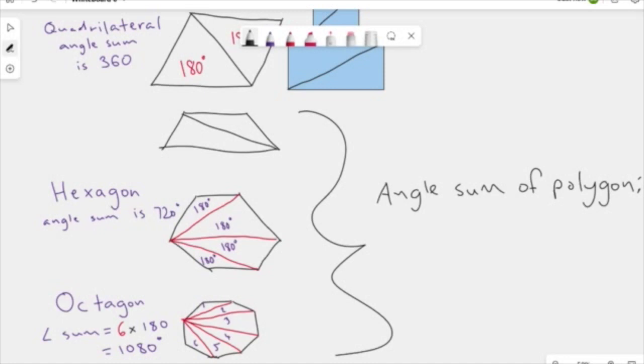So we have that n minus 2, with n being the number of sides of the polygon, multiplied by 180 degrees. This is our general formula we got from building these shapes with our respective triangles.